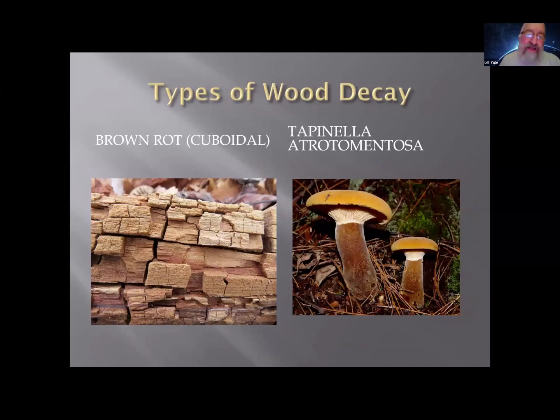All right, brown rot is something completely different, and we call it cuboidal brown rot because what happens with brown rot is the cellulose and the hemicellulose are decayed, and what they leave behind is this brown stuff, and the brown stuff is lignin. And it's not the same lignin that was in the living tree.